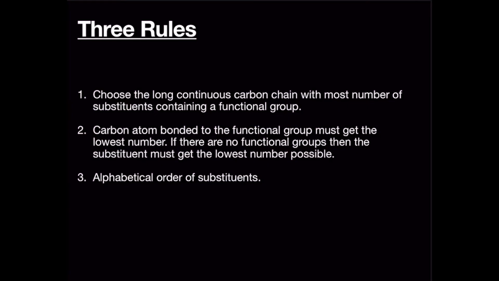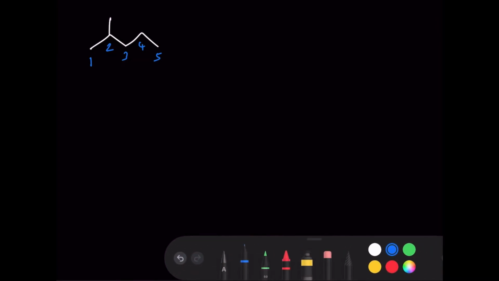So let's go to the examples. Let's say we have a molecule like this, 1, 2, 3, 4, 5, and then a methyl group. How to give an IUPAC name for this molecule? Number it left to right first, 1, 2, 3, 4, 5. So if you number it left to right, the methyl group comes at 2 position. What would happen if you number it right to left?